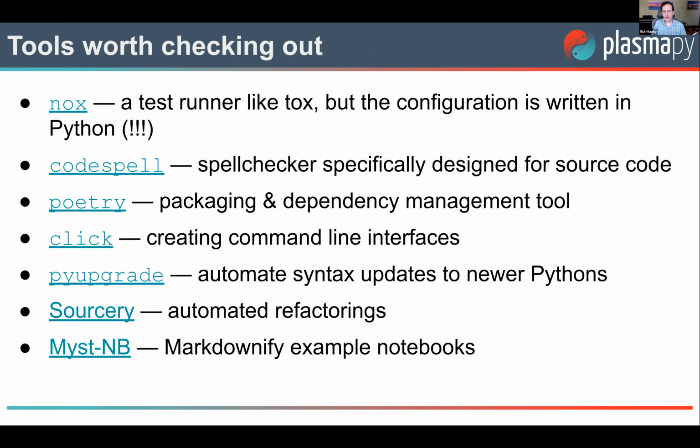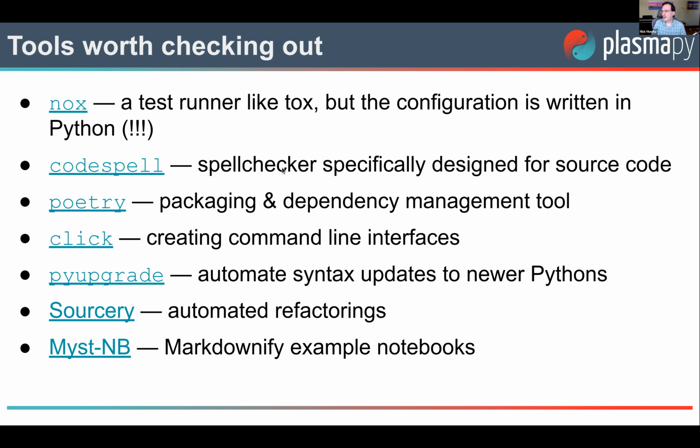And then I also wanted to mention a few tools that I've learned about recently that are particularly of interest to developers. One is Nox, which is like Tox, something you can use to run tests and set up testing configurations, but it's written in Python. Codespell is a really neat thing to check spelling in source code.